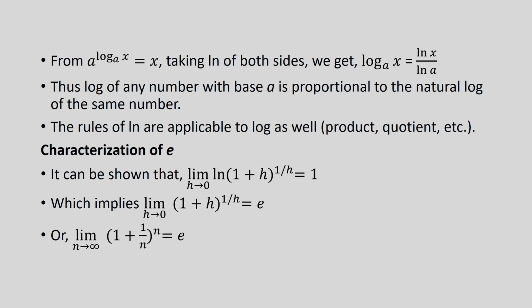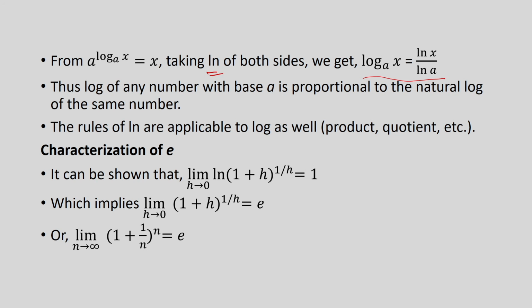From a to the power log x base a is equal to x, taking natural log of both sides, I will be able to get log x base a is equal to natural log of x divided by natural log of a. Now, natural log of a is a constant.